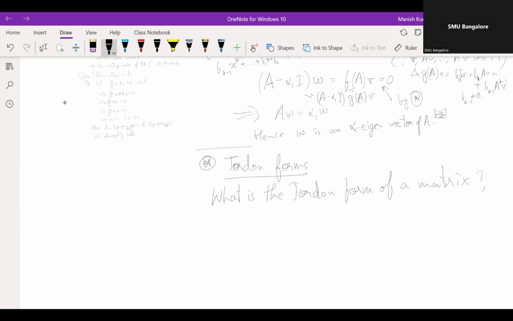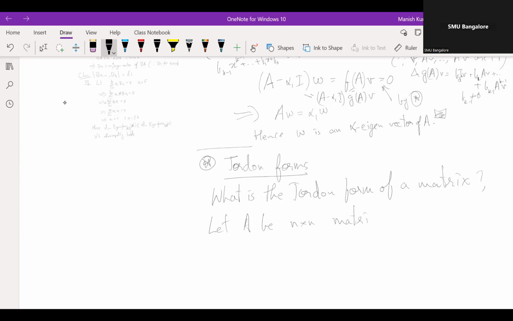If you have a matrix with some entries, the Jordan form makes sense only if you are working over an algebraically closed field, because you want all the eigenvalues and so on. So let A be an n cross n matrix.